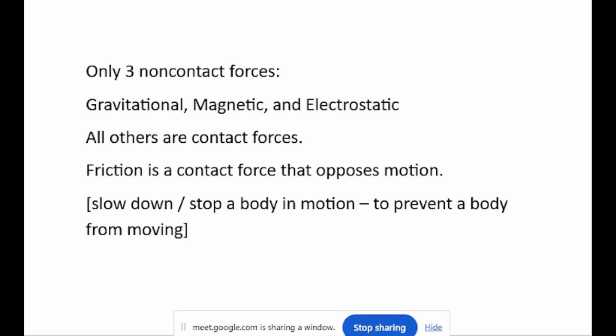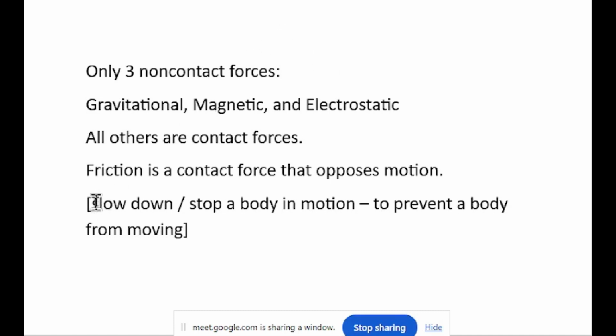Either it will slow down, supposing it is already moving, the speed will become slow and ultimately stop. Or if you push something heavy, it doesn't move, it tries to stop the body from moving.